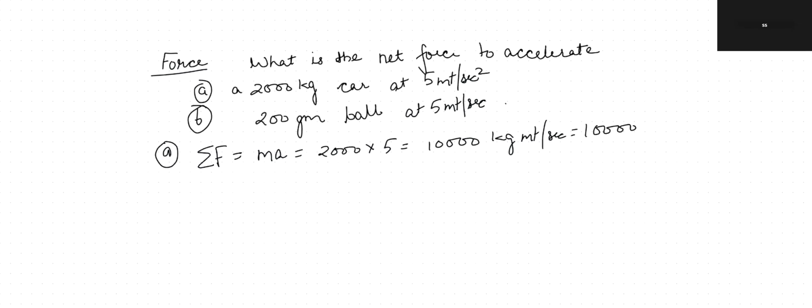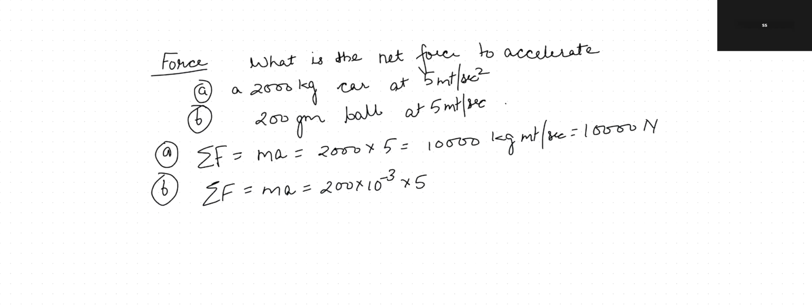Okay. And for this ball, first we will change the grams into kg. So it is ma, so 200 times 10 raised to power minus 3 into 5.